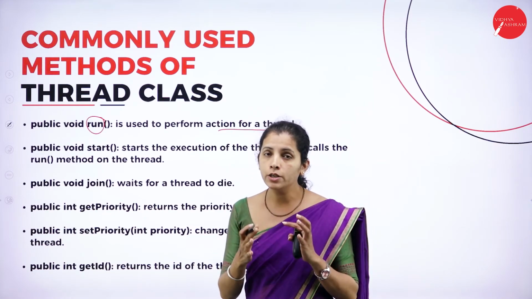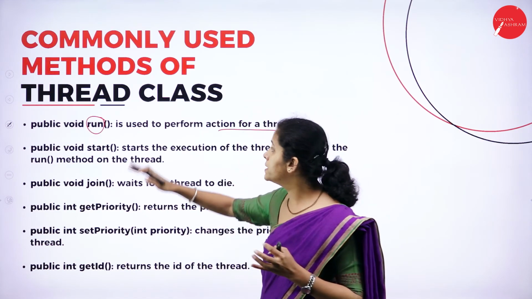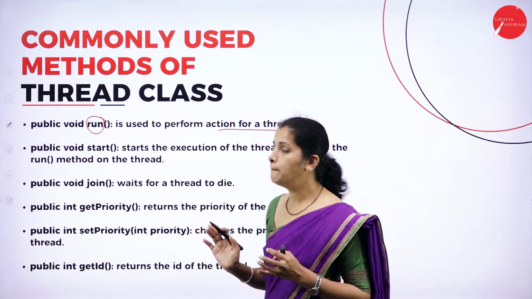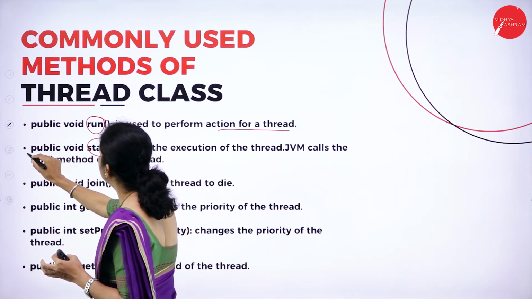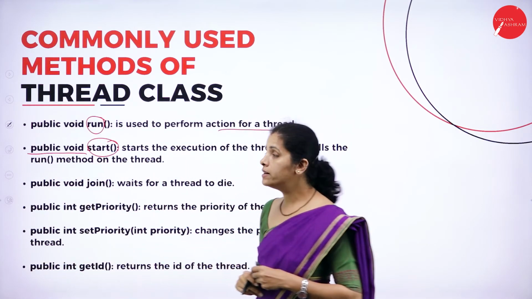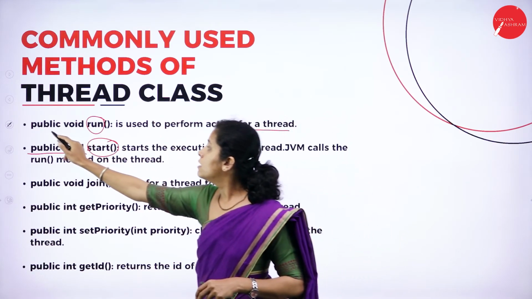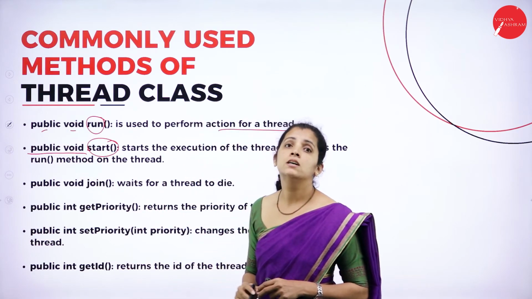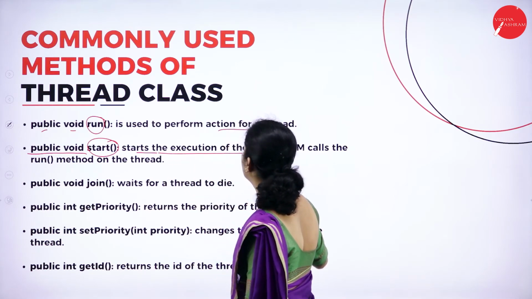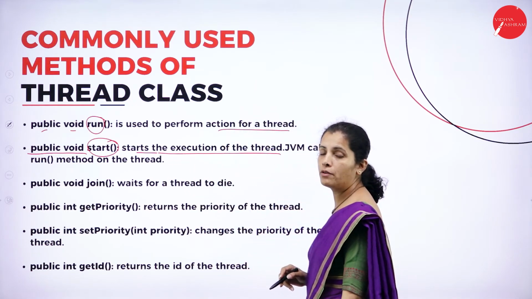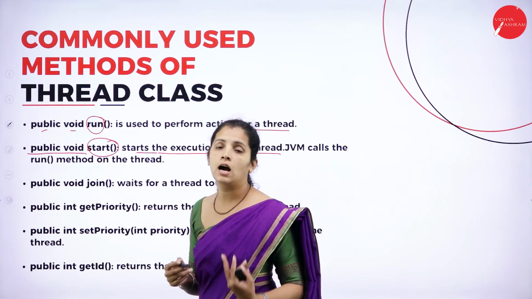When the thread is ready to execute, whatever executions are carried out must be written in the run method. Then I have the start method, and please see the return type here. All the thread methods are public and void. Start begins the execution of the thread. Suppose I want to start the execution of the thread, then I call the start method.